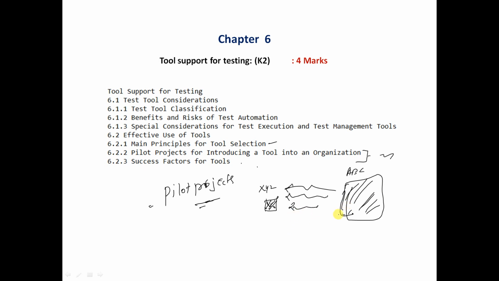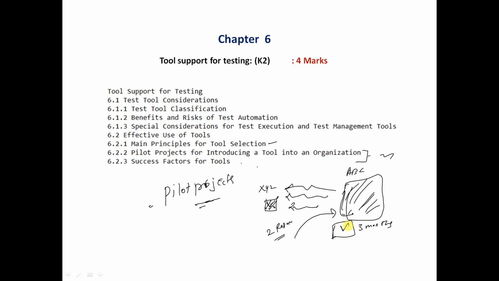So for that, they'll take two or three resources. Consider two resources. They want the two resources to work in this company for a fixed term, say for example, 3 months. In the 3 months, they'll give a project to complete.